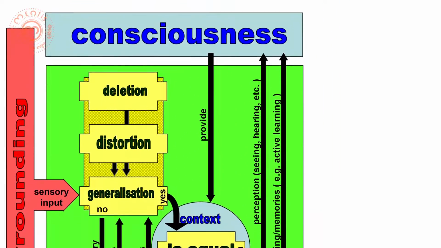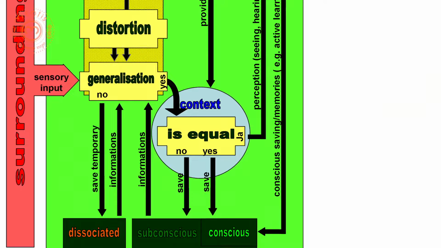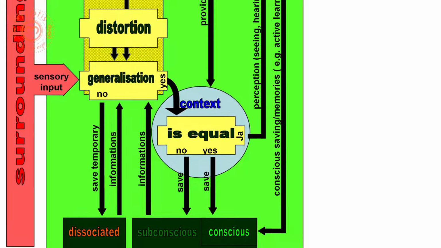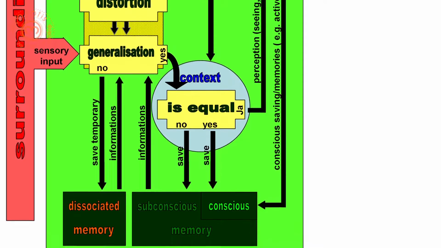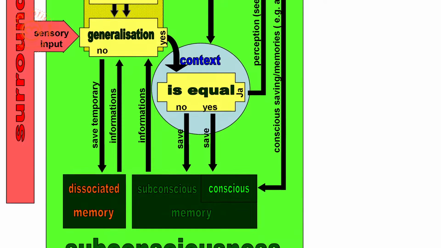Then it provides the context for the filter function, which is highlighted in blue in this diagram. It checks whether the information is currently relevant or not. This is only partly the filter function between the conscious and the subconscious. If the information does not fit into the context currently provided by the conscious mind, then it is stored in the subconscious memory.